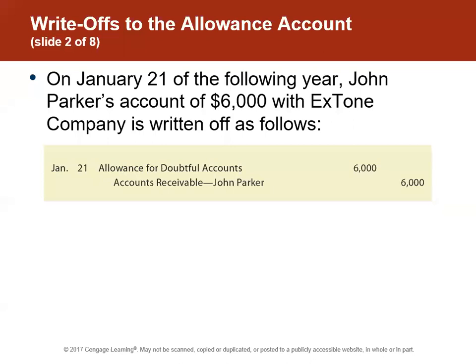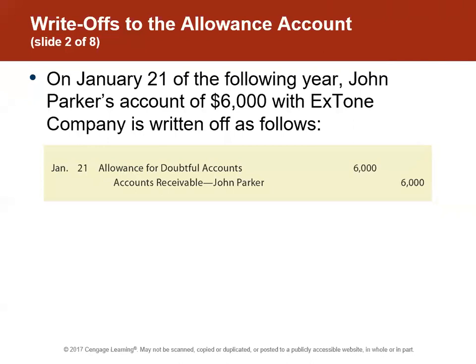No, we're just saying of the total we wrote off, 6,000 of that was John Parker. So it's not changing the total. So now I have accounts receivable is 194 and allowance for doubtful accounts is 24. Okay. So now I have accounts receivable minus my allowance. I have 194,000 minus 24,000. My net stays the same. Net. And that's net accounts receivable.